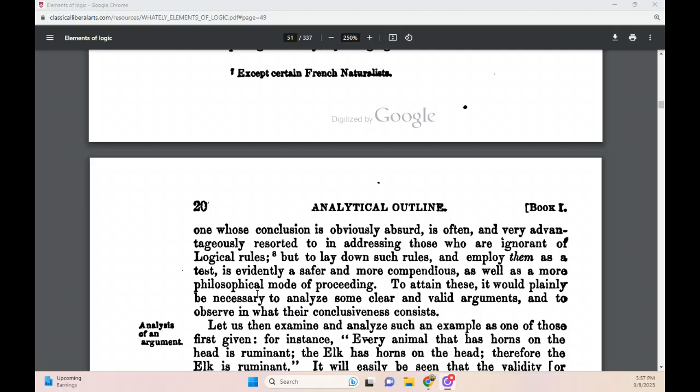We're going to analyze and study valid arguments, understand what makes them valid, become intimately familiar with valid arguments so that we'll become very sensitive, very discerning with respect to false arguments.